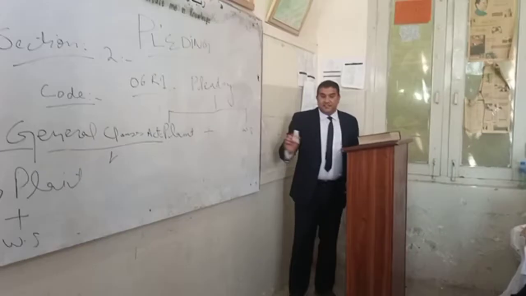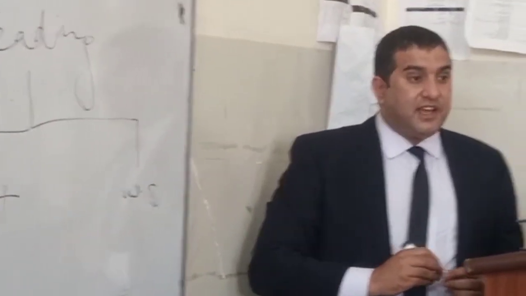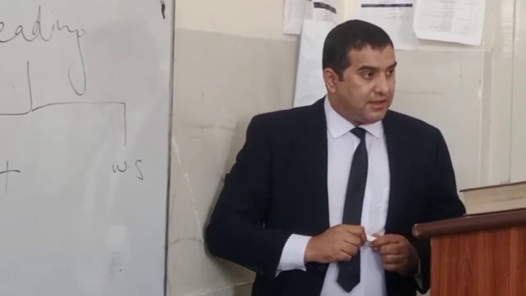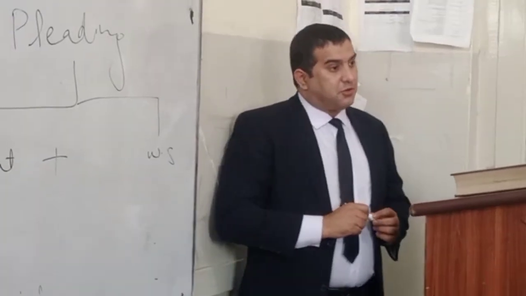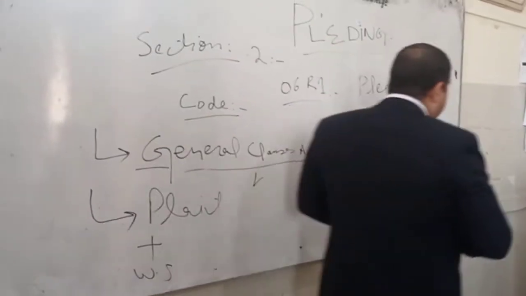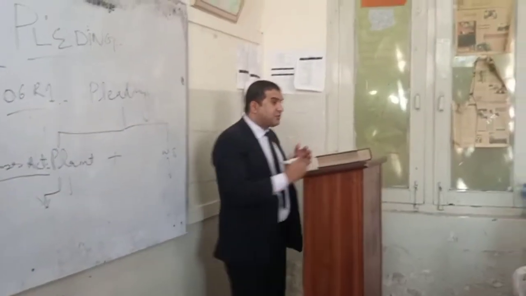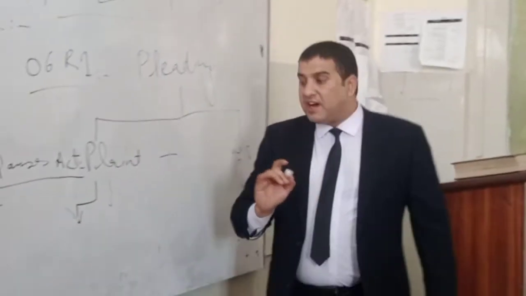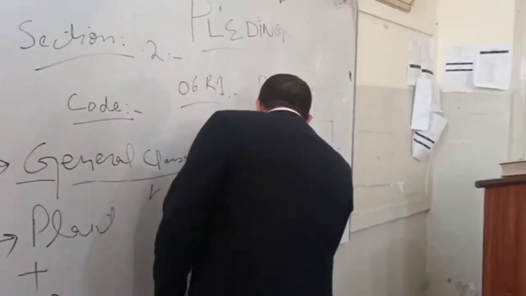The plaint and written statement are defined in judgments of the superior courts. What is plaint? Plaint is a written document wherein a person approaches the court and asks for relief from the court in respect of a civil right against another person. The person who asks for relief is known as plaintiff.